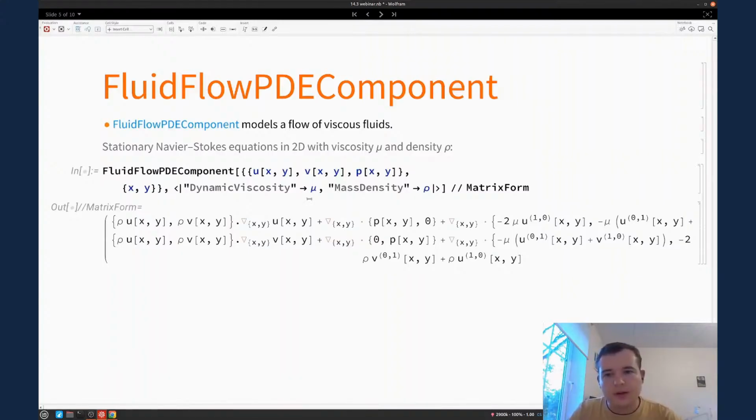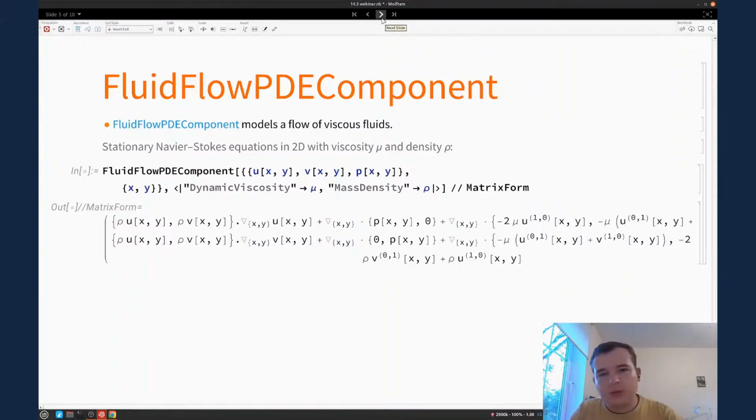And since we are in only 2D and we are dealing with stationary equations, they only depend on x and y. The second argument of the FluidFlowPDEComponent is the parameters. So here we have the dynamic viscosity and the mass density. And that's basically it. So this is how you can use the FluidFlowPDEComponent to generate and model the flow of a viscous fluid.